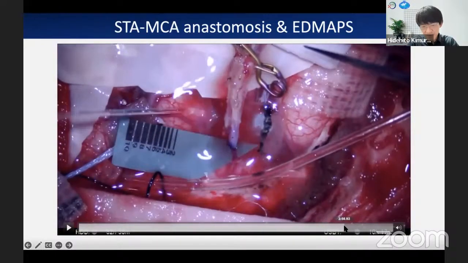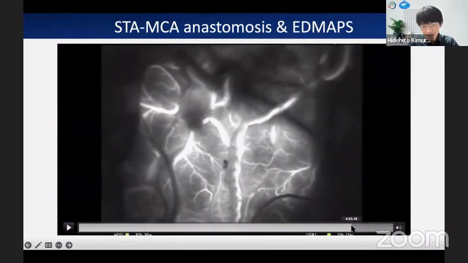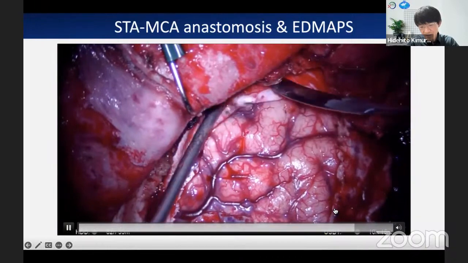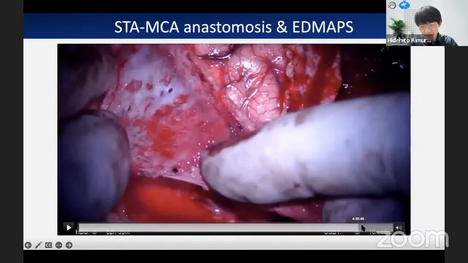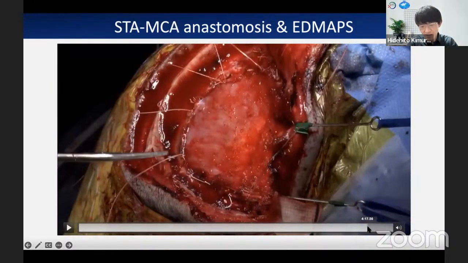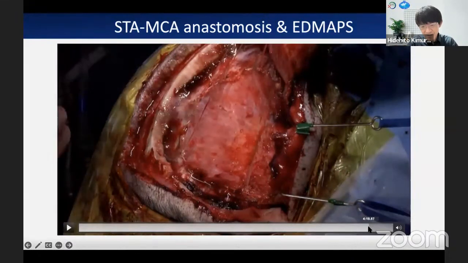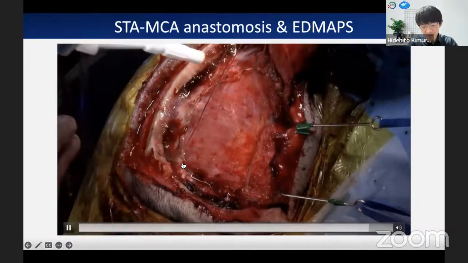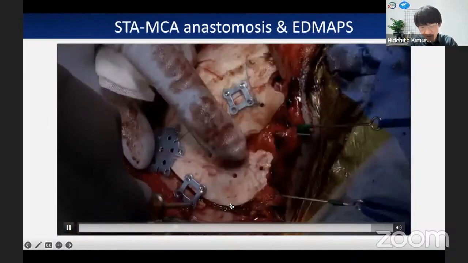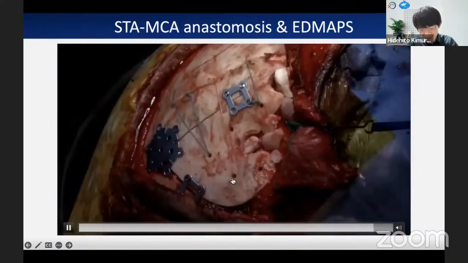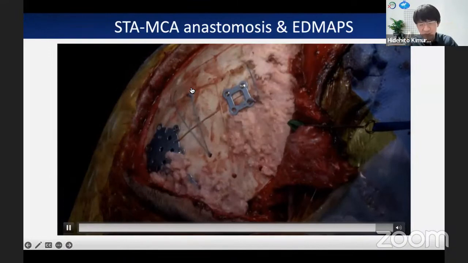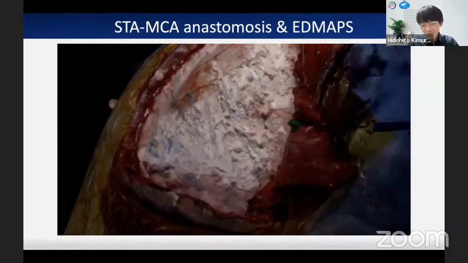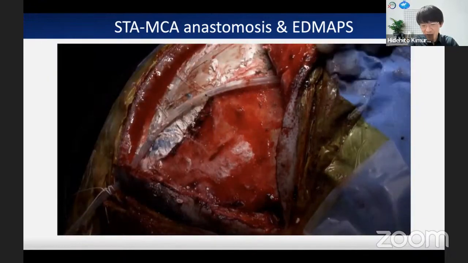After the anastomosis, the two STA grafts were patent, and the dura was inverted in the surrounding area. You can see the temporal muscle, the frontal fascia and the pericranial fascia were covered over the brain to accept the indirect revascularization.